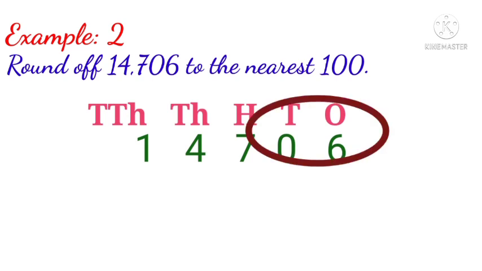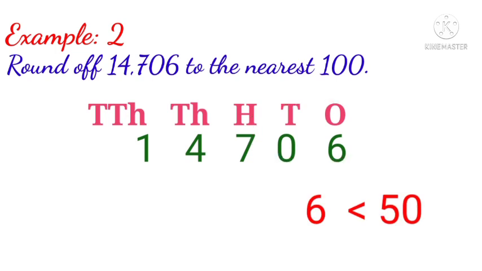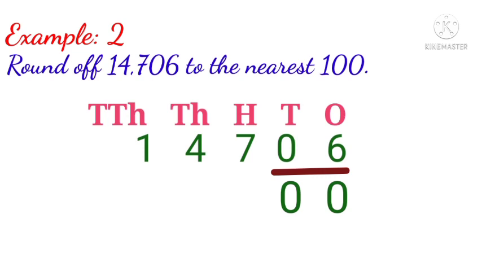If it is less than 50, the hundreds place digit does not change, and the digits in ones and tens places will become 0. That is, 6 is less than 50. So, the hundreds place digit remains same and digits in ones and tens places will become 0.